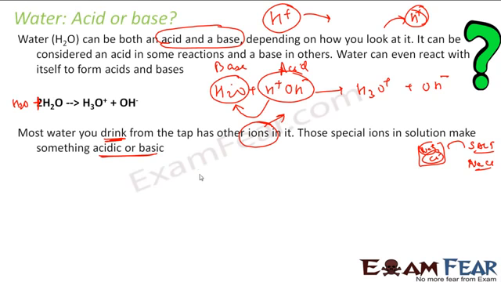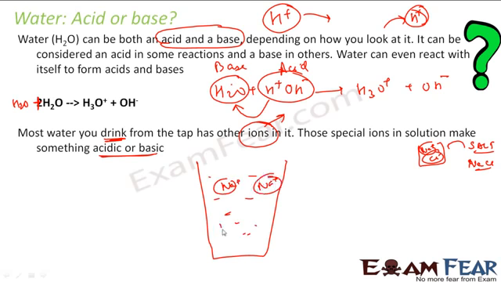The same example I'll take. This is my glass, and there's some water in this, and I put NaCl, so this becomes a lot of Na+ and a lot of Cl- ions floating around. Right? So what happens here is all the ions, sometimes these ions also define whether it is acidic or basic, depending on the kind of ions you have put.